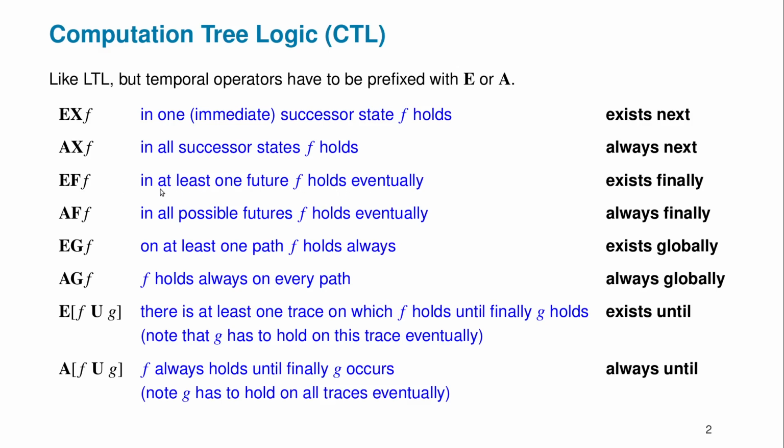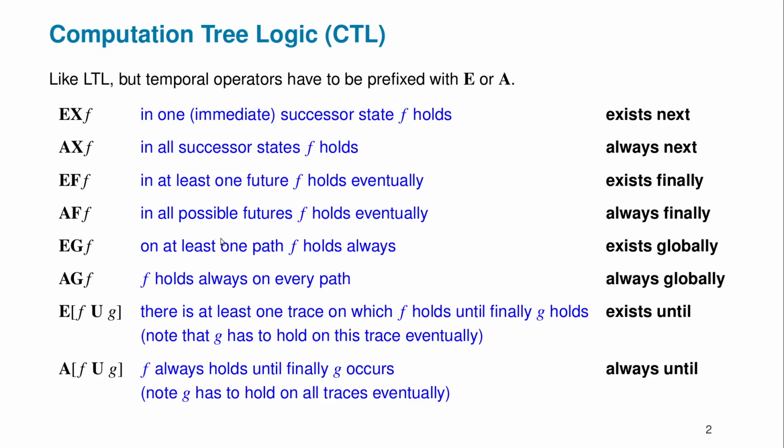This means that from the current state we are in, there is at least one path where at some point F holds. So we require that at some point in the future this property F holds. And AF says that in all possible futures F holds eventually. So at some point this becomes true.